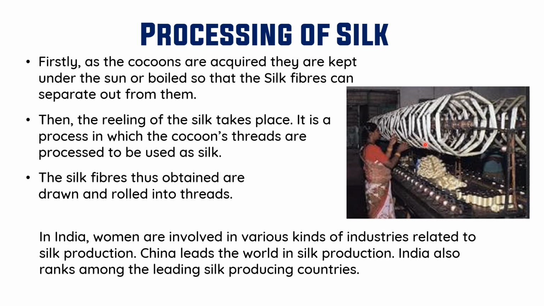In your textbook, page number 30, a small story is given, Discovery of Silk. All of you read that also. Then the reeling of the silk takes place. After taking the fiber from the cocoon, the reeling starts. It is a process in which the cocoon's threads are processed to be used as silk.